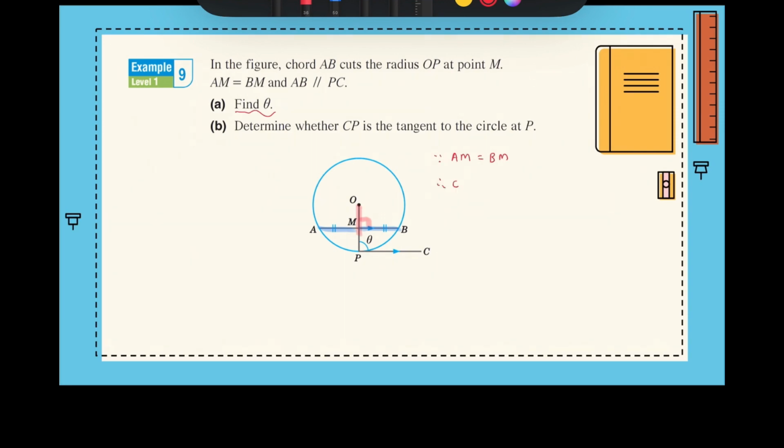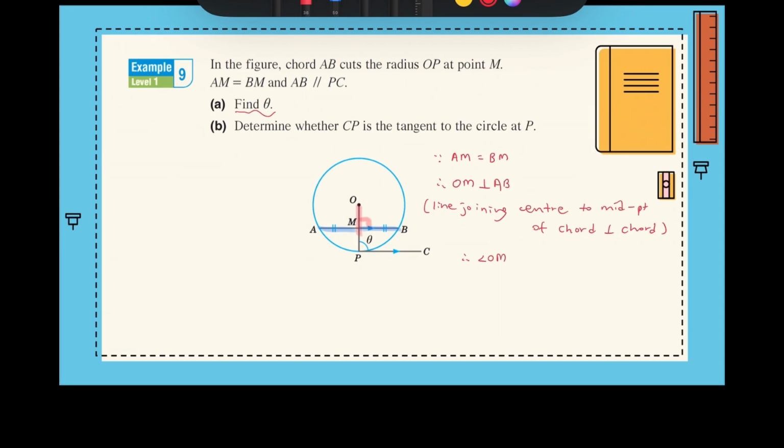Let's write it down first. AM equals BM, and therefore they are perpendicular. The reason is: line joining center to midpoint of chord is perpendicular to chord.